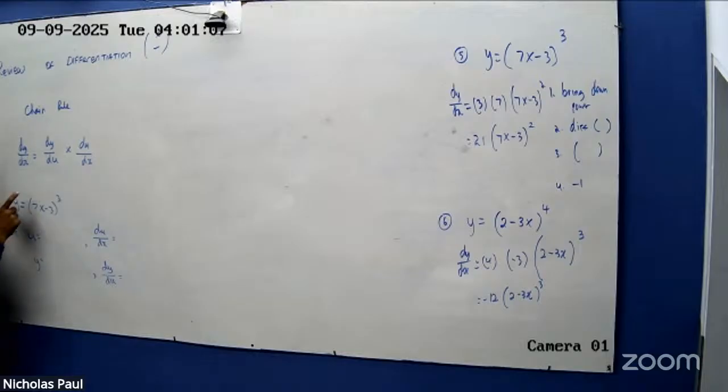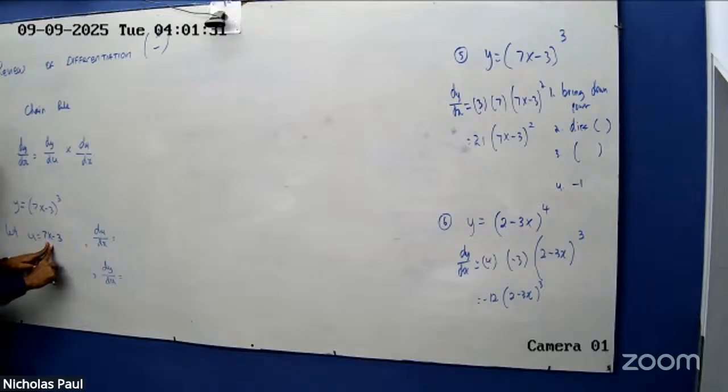A new letter came in, so what you do is a substitution. You see this in brackets here. We're going to substitute that for u. So u is equal to 7x minus 3. Normally, whatever is in the bracket is the substitution we make.